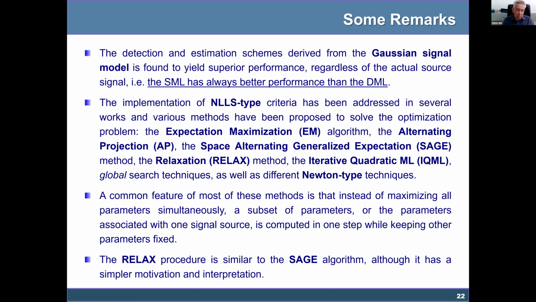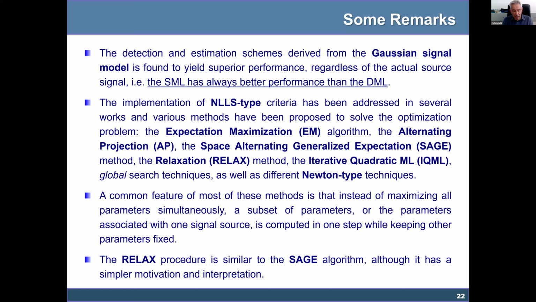And most of these methods basically exploit the idea that instead of estimating all the unknown parameters altogether, so instead of solving a maximization problem with respect to all parameters, in sequence we estimate only a subset of parameters. For example, if there are k sources, we first estimate the parameters of the first source, and then we eliminate from the data the first source.